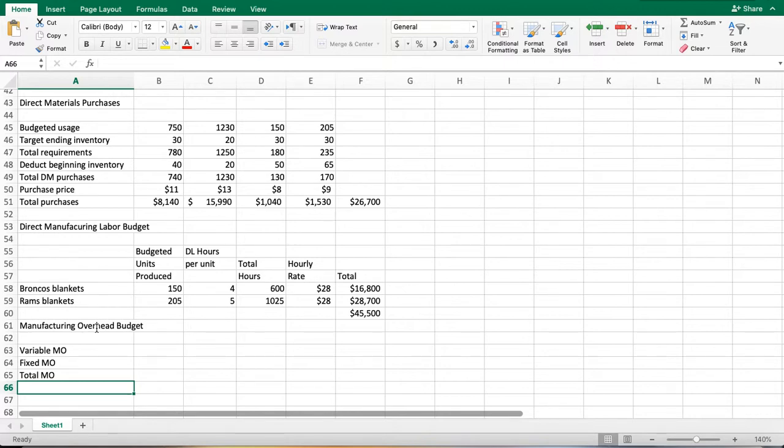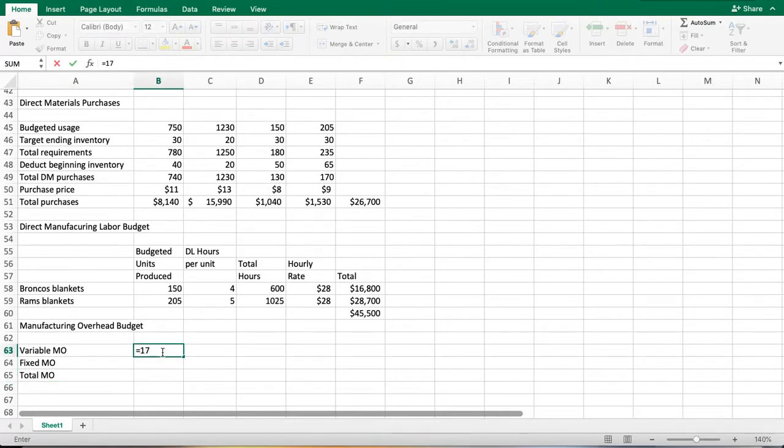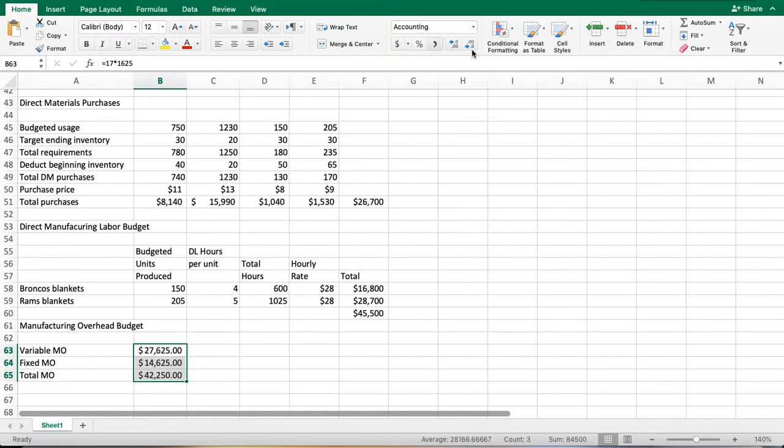The budgeted variable manufacturing overhead is $17 per direct manufacturing labor hour. And so we can see right here how many labor hours we have, 1,625. And so our variable manufacturing overhead is 17 per direct labor hour, or 27,625. And our fixed is given to us. So our total manufacturing overhead is simply the sum of the two, or $42,250.